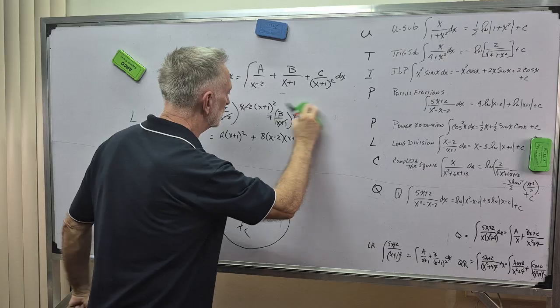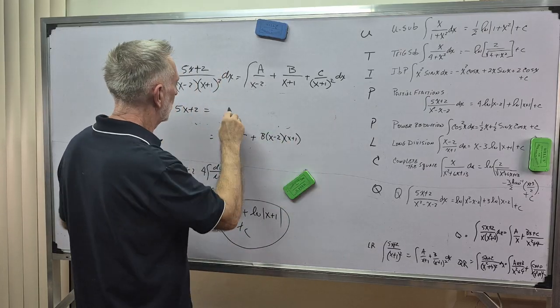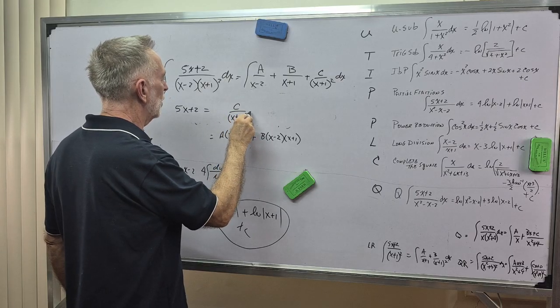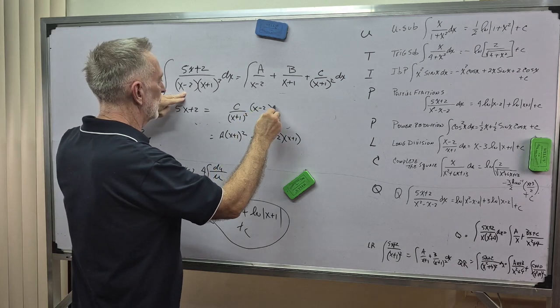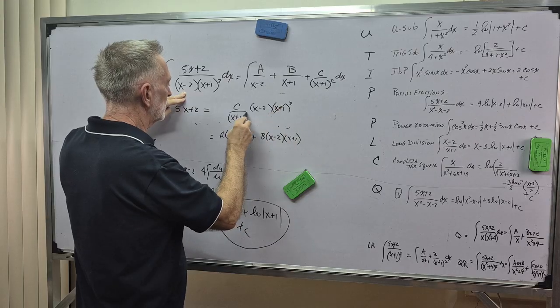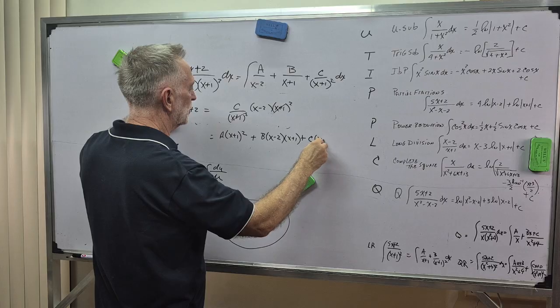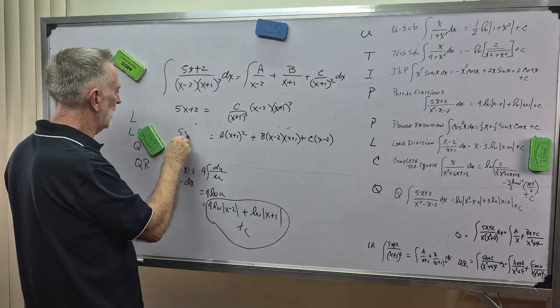I repeat that for c. I'm running out of space. So I have c over x plus 1 squared, and I'm multiplying x minus 2 times x plus 1 squared. Okay, this and this cancel, so I'm left with c times x minus 2. And that equals 5x plus 2.